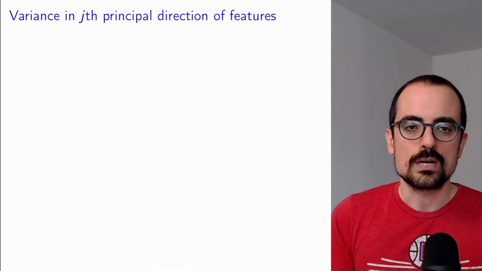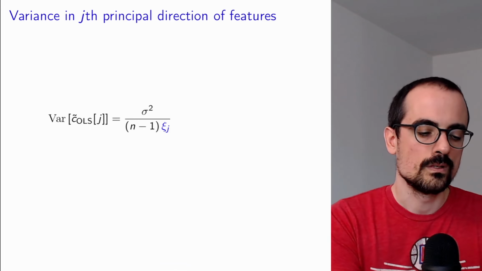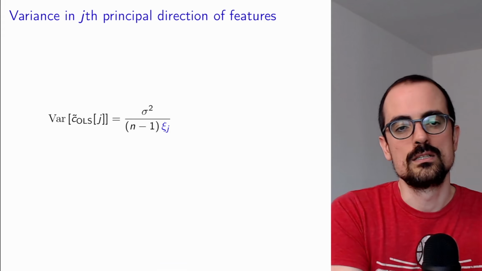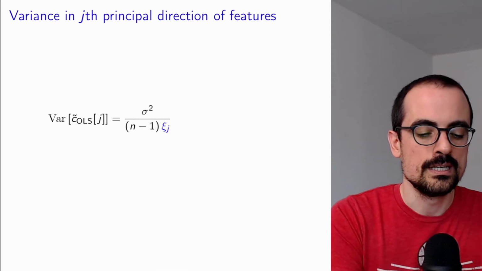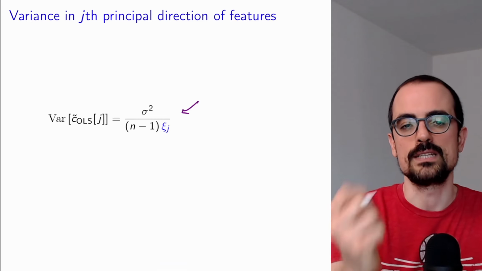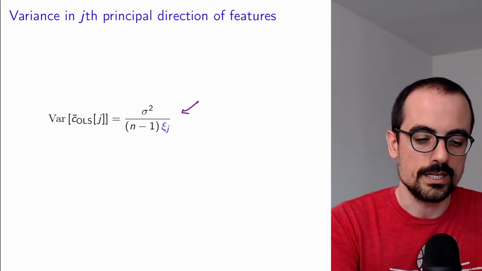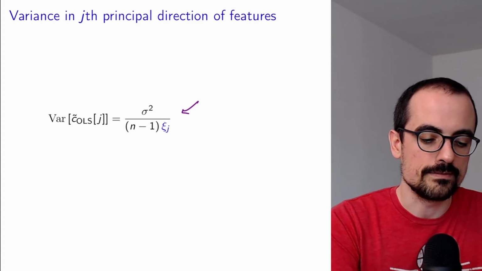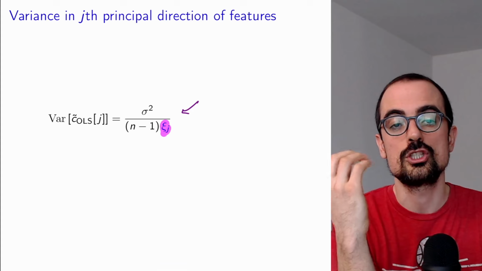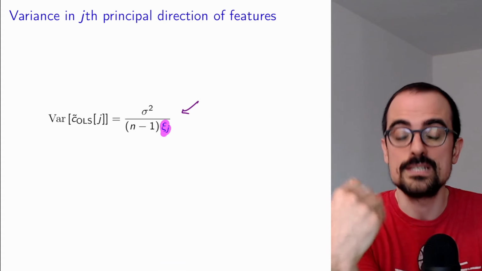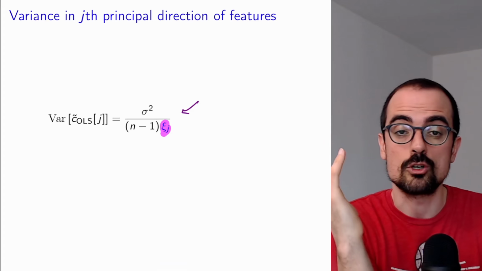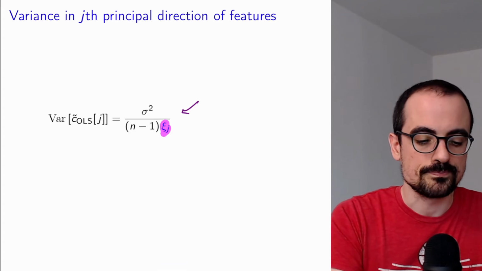Okay, now let's take a look at the variance. So the variance of the OLS coefficients in the jth direction is equal to this. This is something we derived in our video on coefficient error. And the critical part here is that we have 1 over the sample variance of the features in that direction. So in directions where we have small sample variance, boom, the variance of the OLS coefficient explodes.